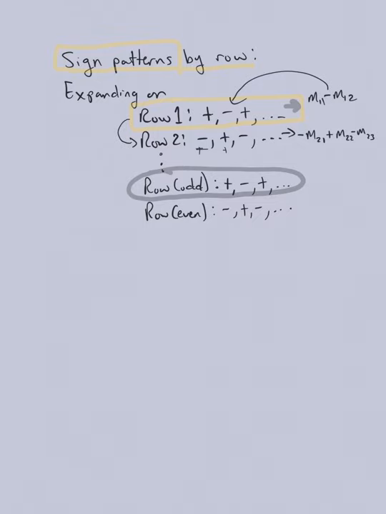But if I expand on an even number row, the sign pattern reverses around. And the nice thing is it's the same for columns. I can expand along columns, and if I'm expanding on an odd numbered column, I get the plus minus plus pattern, and if I'm expanding on an even numbered column, the sign pattern reverses around.